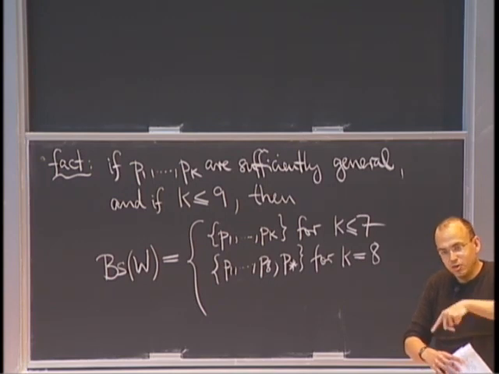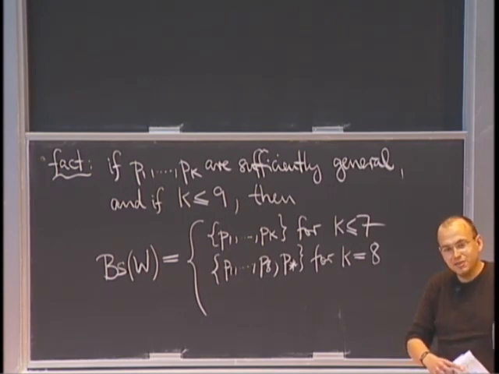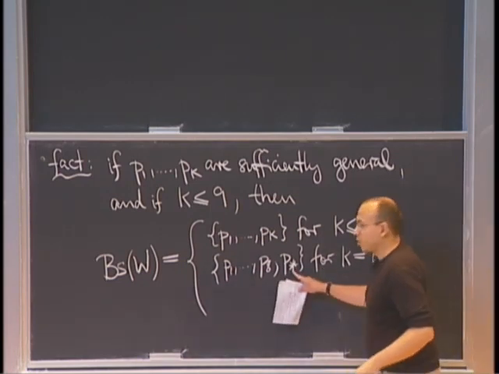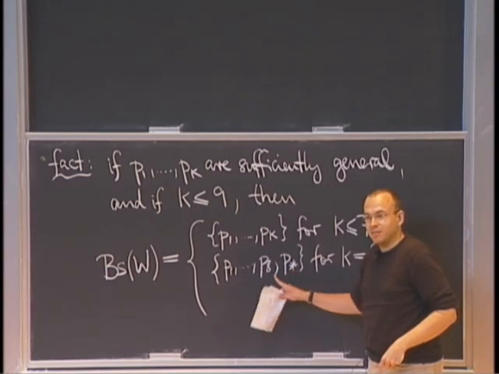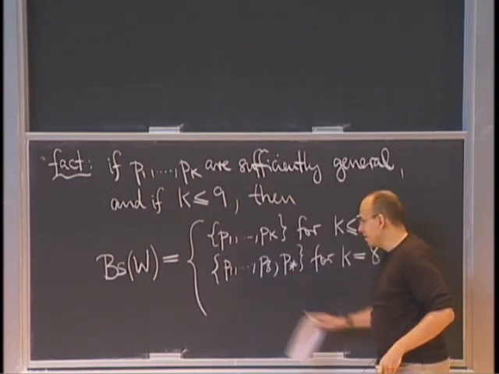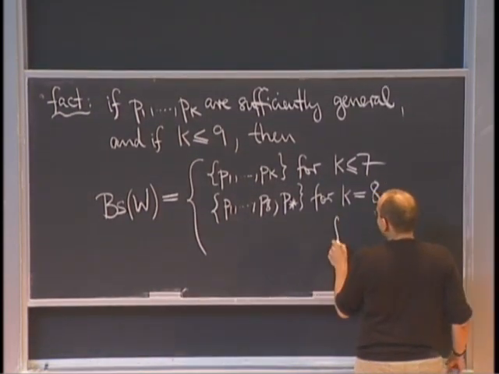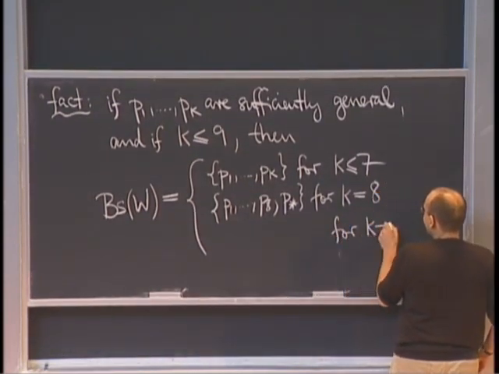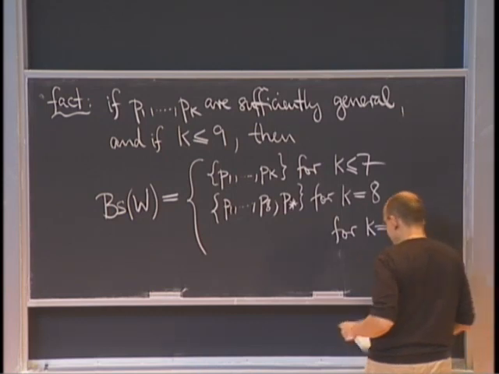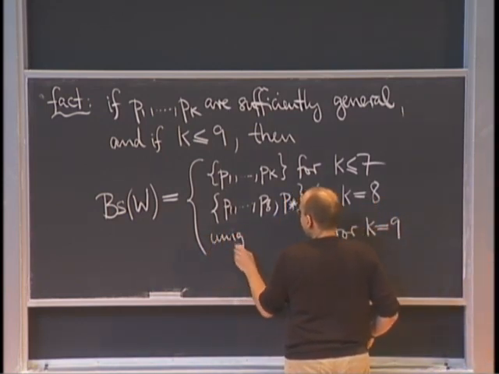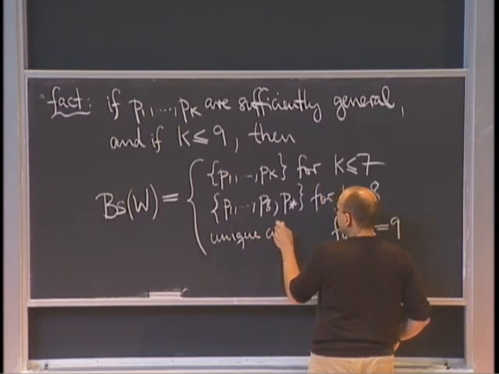So this actually means that all curves in the pencil have to intersect in the same 9 points. So it's one more common point of intersection than I had imposed initially. And then K is equal to 9. Then the base locus is just the unique cubic passing through these 9 points.